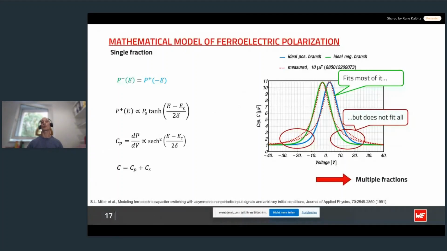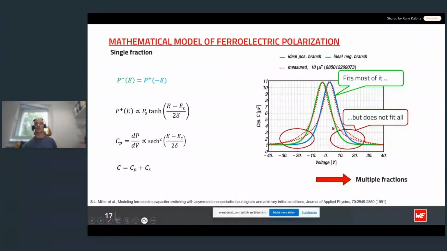We model the total capacitance as a sum of the dipole polarization contribution to the capacitance and the pure capacitive contribution. Although the fit is not perfect, especially the features between -10 and +10 volt are well described by the model.